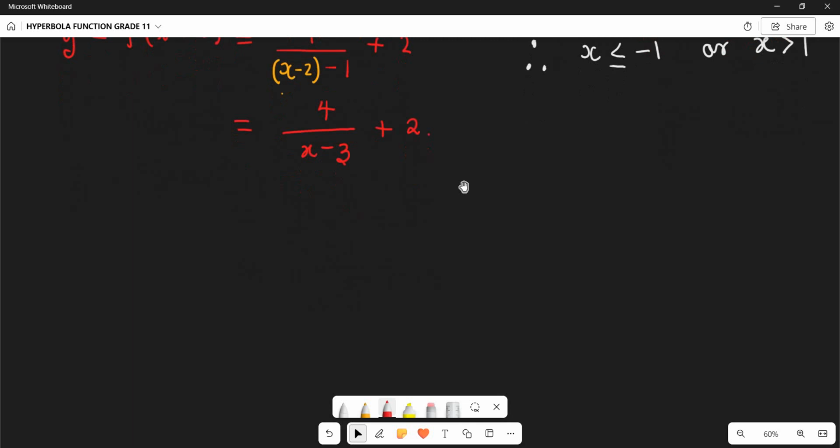So with that, we can then use the negative slope, y is equals to negative x plus p plus q. Then remember, we take the denominator as it is. That will be x minus 3. Then we add a 2 there.